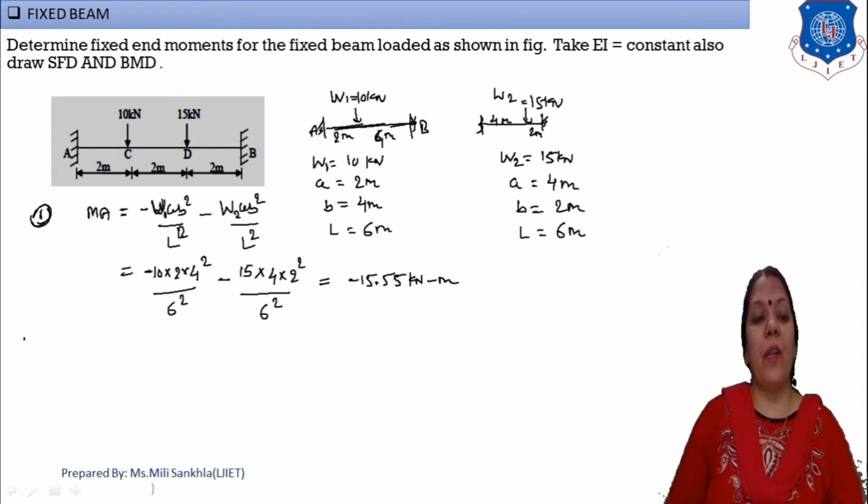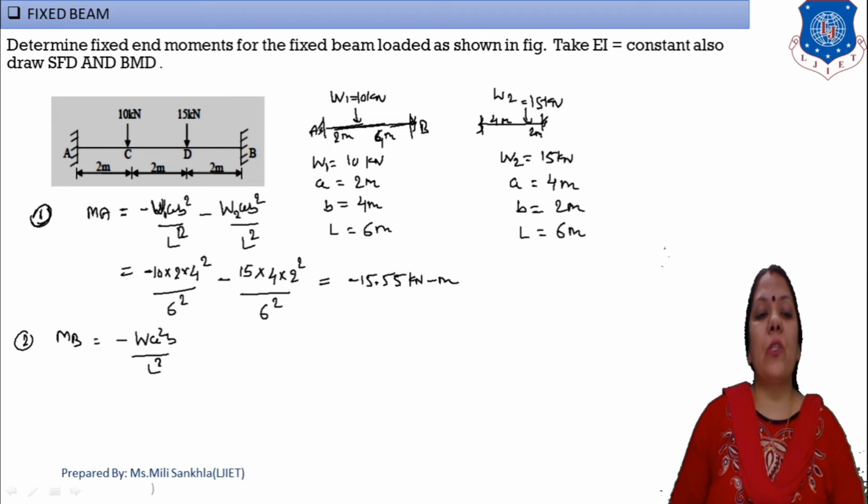Now second, we find the moment at B. Simply write here moment at B is equal to minus W a square b by L square minus W a square b by L square.